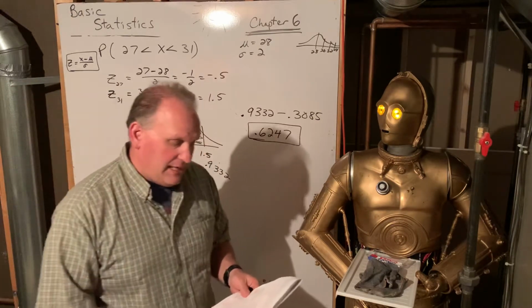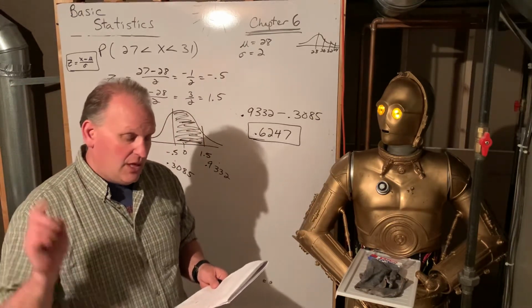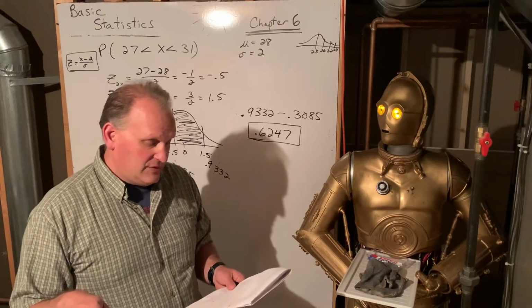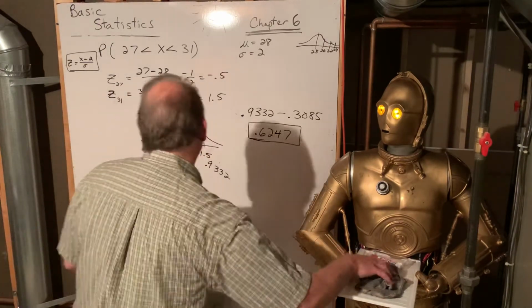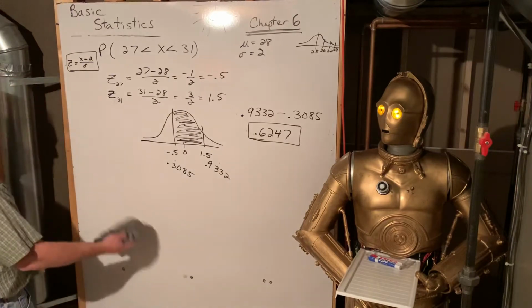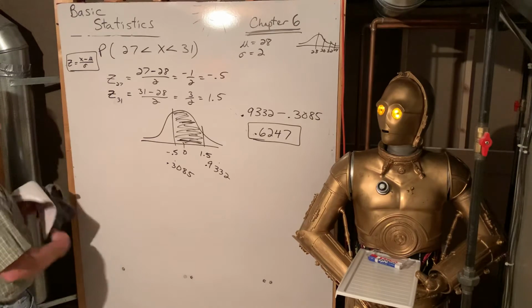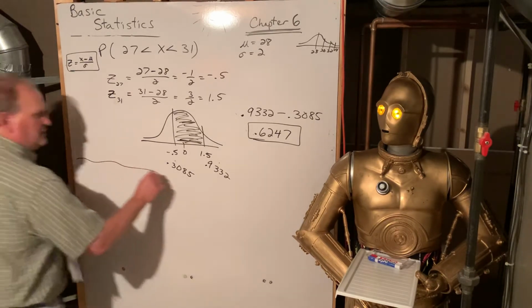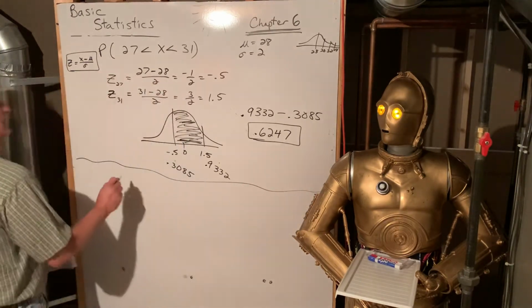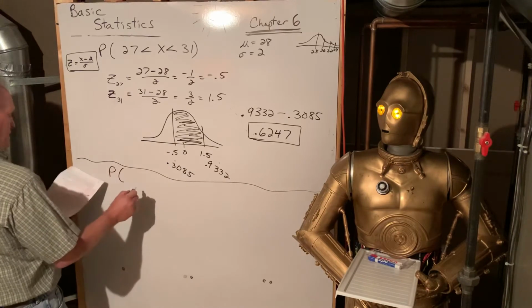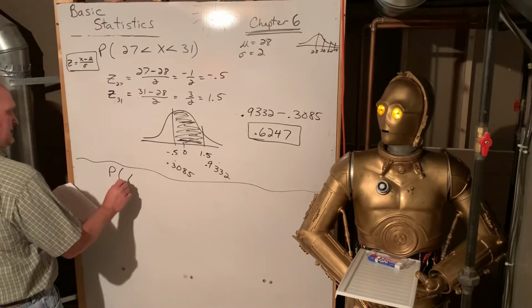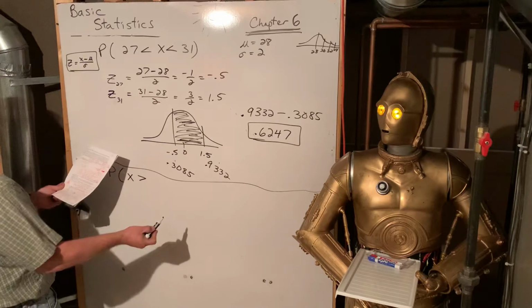Find the probability a randomly selected American household generates more than 30 pounds of garbage. This is going to be almost the same workup. Let's put them both here. So, the probability that X is greater than 30.